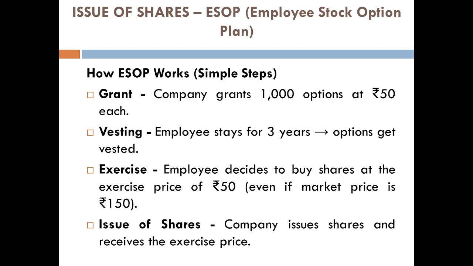So after 3 years, the employee decides to buy the shares at an exercise price of 50, which was offered earlier, but the original market price would be 150. Then finally issue of shares happens, where the company issues the shares at the exercise price. So this is the step-by-step process where the employee stock option plan is executed.